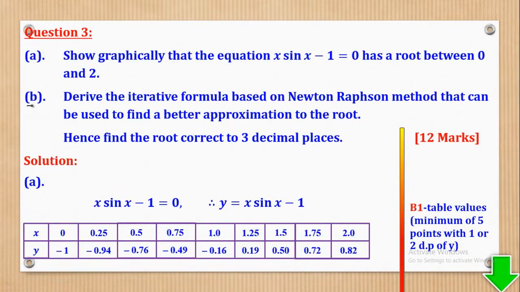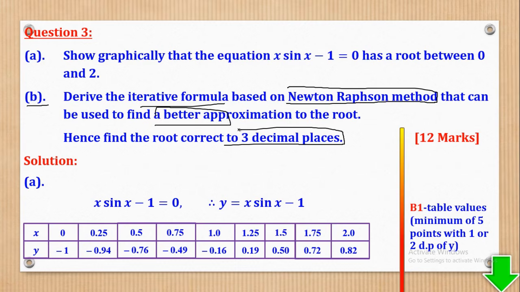So part B says derive the iterative formula based on Newton-Raphson method that can be used to find a better approximation to the root. Hence find the root correct to 3 decimal places.